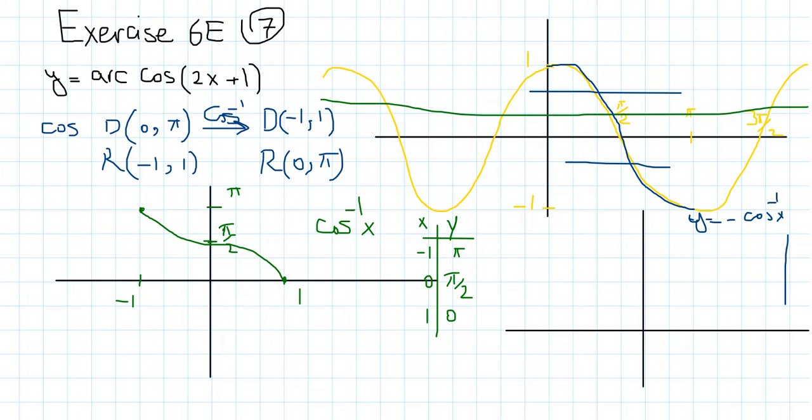Okay, let's put some points, x and y. Suppose we put x as minus 1. Cosine inverse of which angle, cosine of which angle is minus 1? Easily we know that it is pi.